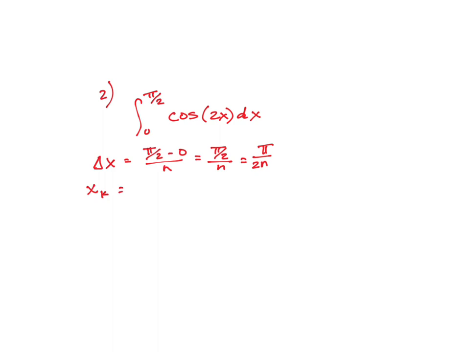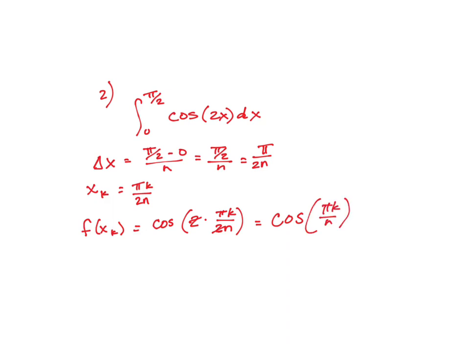And a is 0, so my x sub k is going to be 0 plus pi k over 2n, pi over 2n times k. F of x sub k is going to be cosine of 2 times pi k over 2n. So what happens with those 2's? They cancel, which is going to equal cosine of pi k over n.